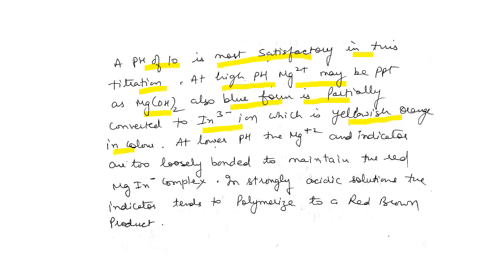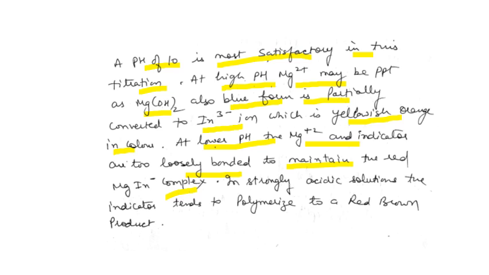At lower pH values, the magnesium and the indicator are very loosely bonded to maintain the red color. So at low pH, the red color complex cannot be formed properly because it is loosely bonded, and at high pH it is converted into the yellowish orange species, which does not form the complex.